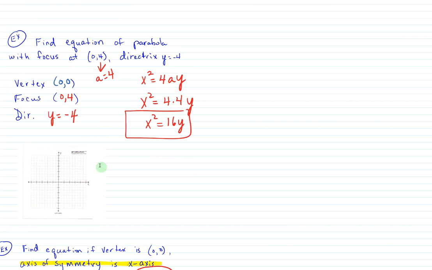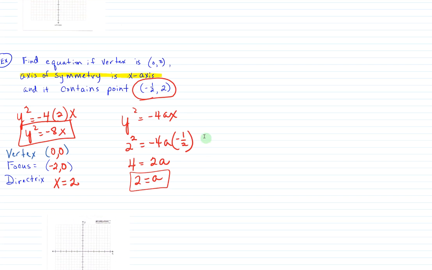I don't have that one graphed, but x squared equals 4ay, and we'll plug in the 4. So x squared equals 4 times 4. We get x squared equals 16y. All it asked was to find the equation, but you could graph that as well.